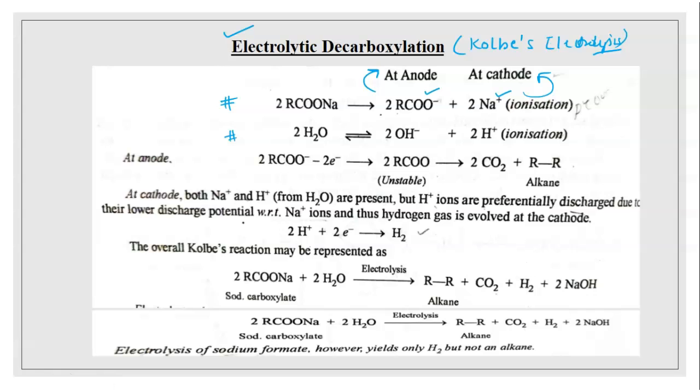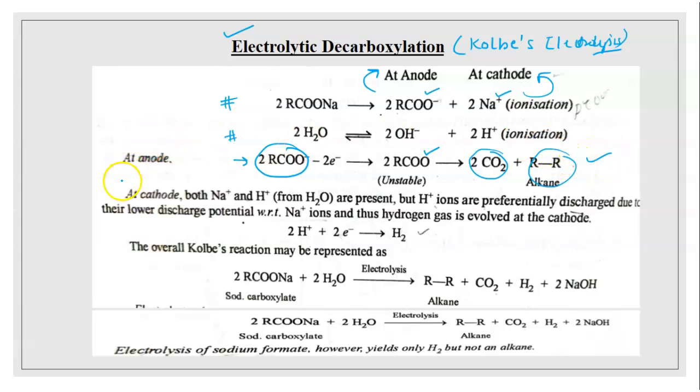Okay, and what is now happening? At your anode, if this will occur, that 2 electrons are removed from this particular RCOO negative anion, what is happening? It leads to the formation of this 2RCOO, which is quite unstable structure. Okay, and from it, if you ultimately can remove your CO2, you will get this particular alkane.